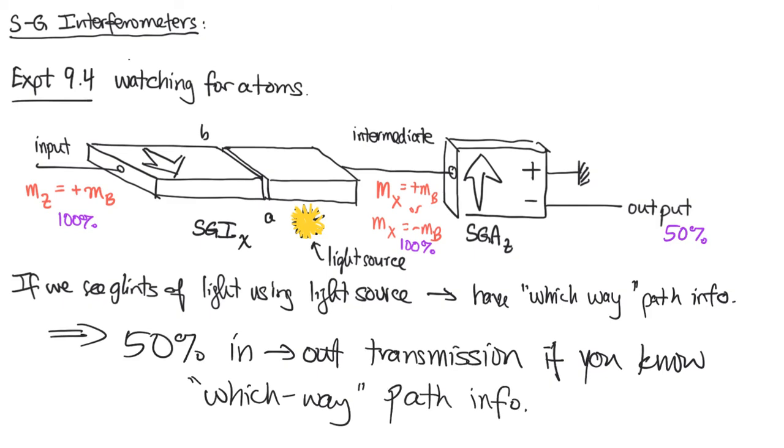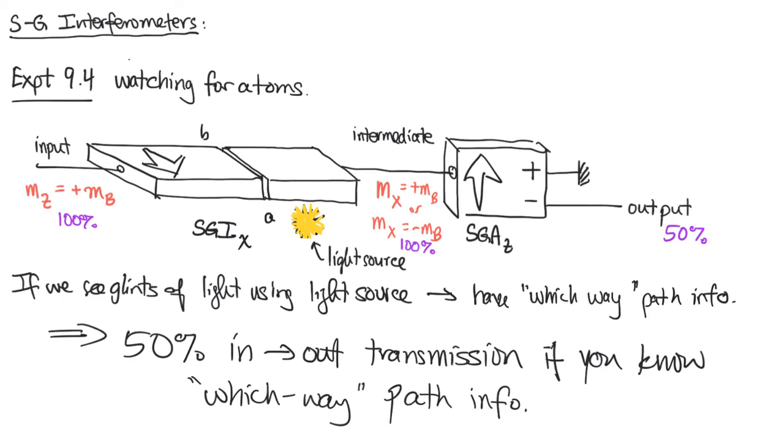So that's interesting. We don't need to block the interferometer. We can leave it open, but we just need to have knowledge of which path was taken. And when we do that, we change the output transmission probability from 0% to 50%.